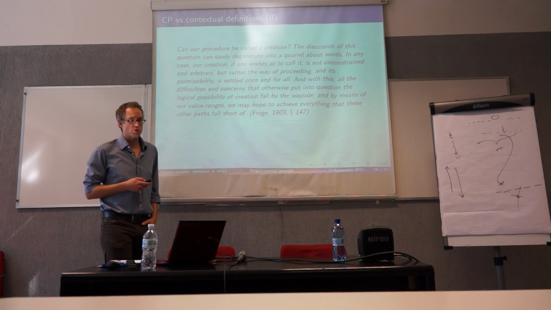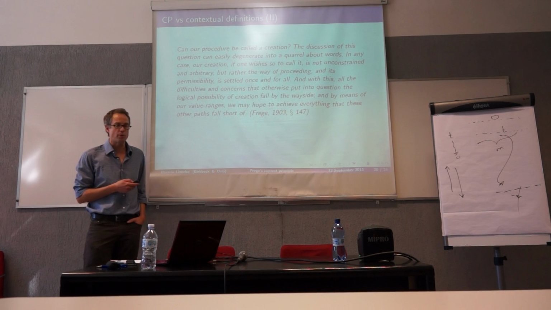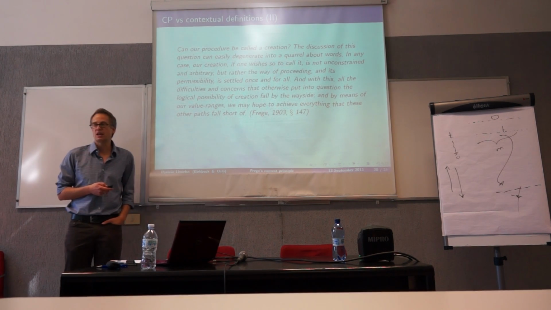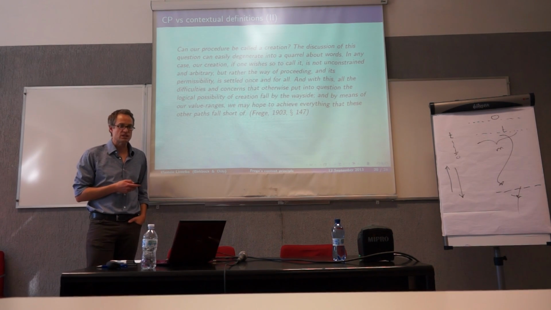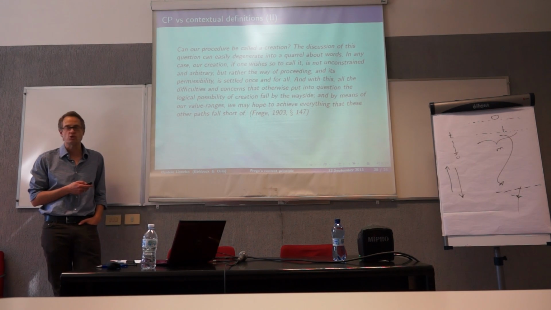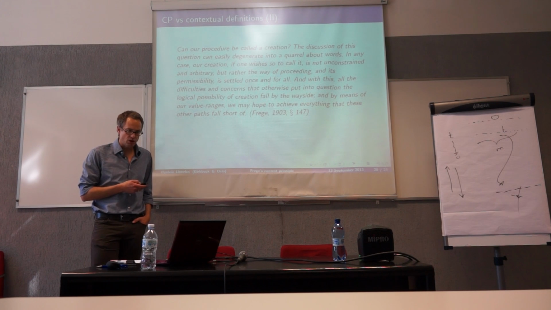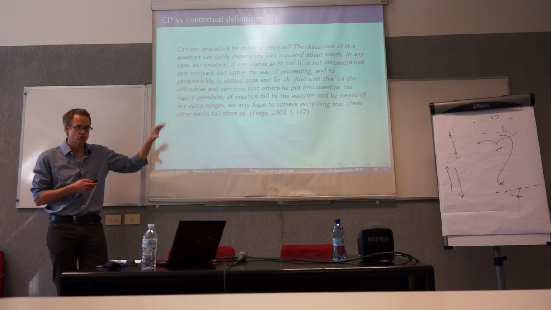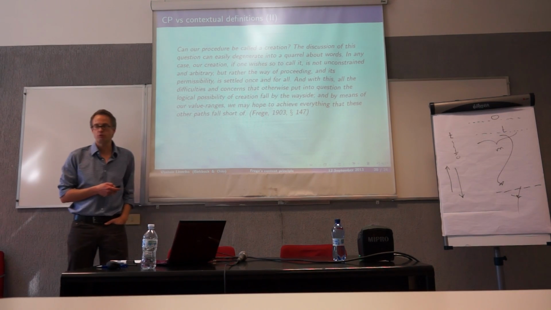In any case, our creation, if one wishes so to call it, is not unconstrained and arbitrary, but rather the way of proceeding and its permissibility is settled once and for all. And with this, all difficulties and concerns that otherwise put into question the logical possibility of creation fall by the wayside. And by means of our value ranges, Frege's extensions, we hope to achieve everything that these other paths fall short of.